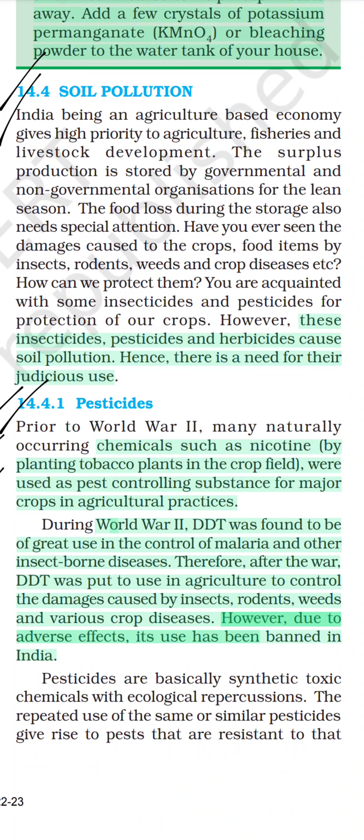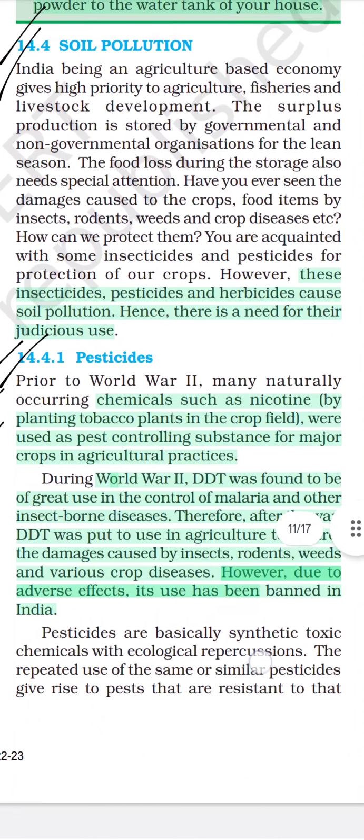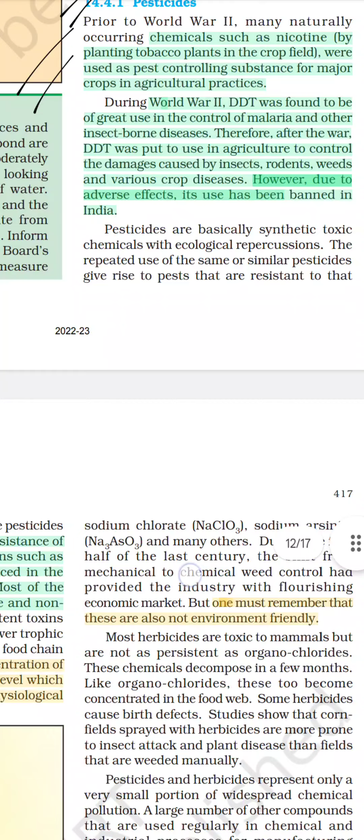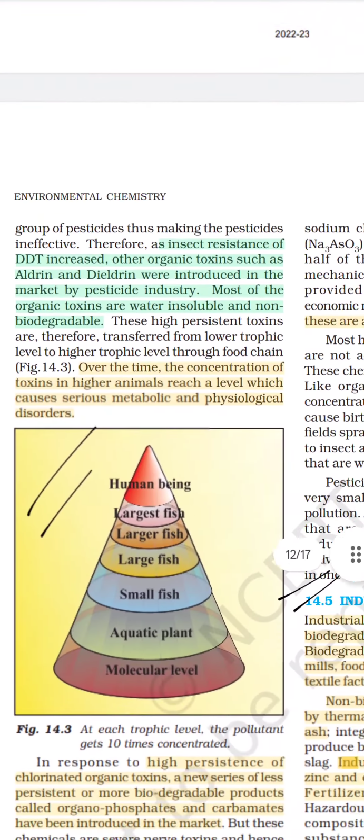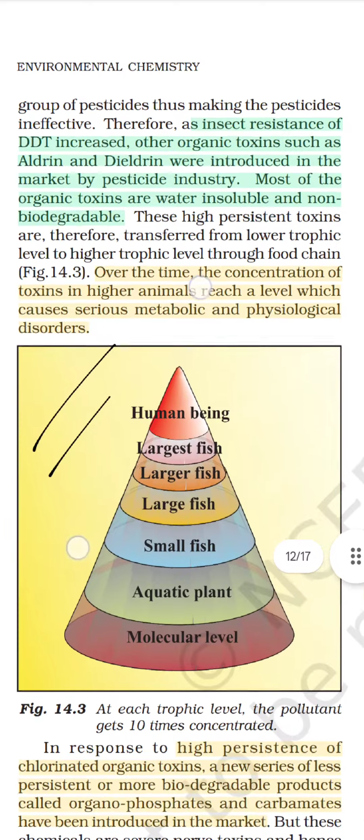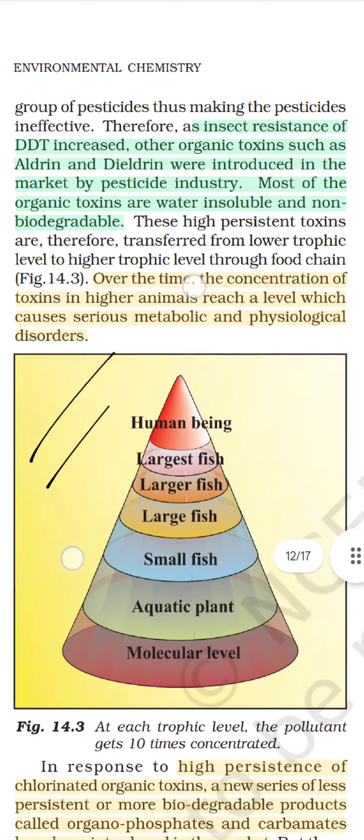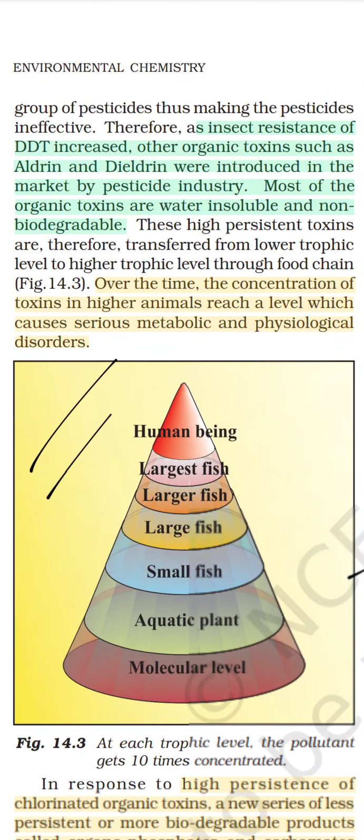Pesticides are basically synthetic toxic chemicals with ecological repercussions. The repeated use of the same or similar group of pesticides gives rise to pests that are resistant to them, thus making the pesticides ineffective.